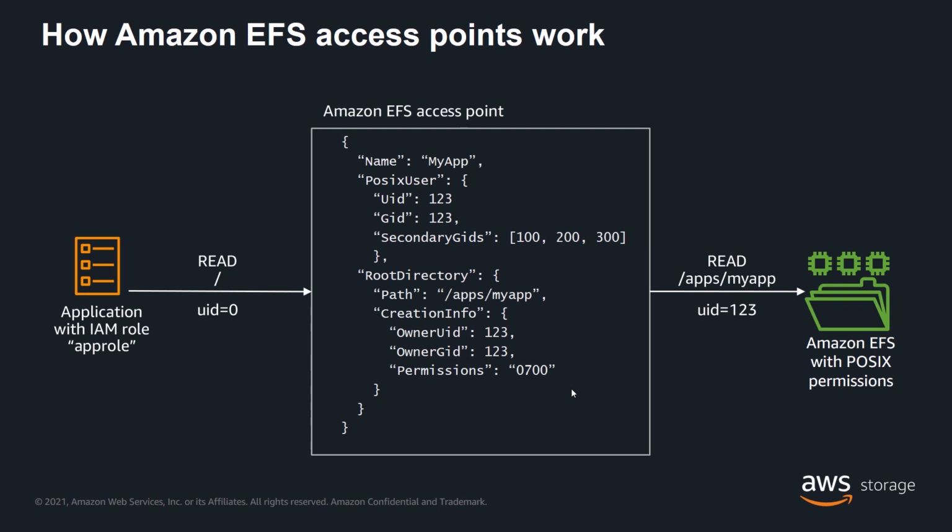However, because you're using an access point, that access point has placed the app in a home directory called /apps/my app, which is a path that you see on the screen, and is rewriting all the file operations to user ID group ID 123. So you can be sure that it has exactly the access to the data that it needs, no more and no less.